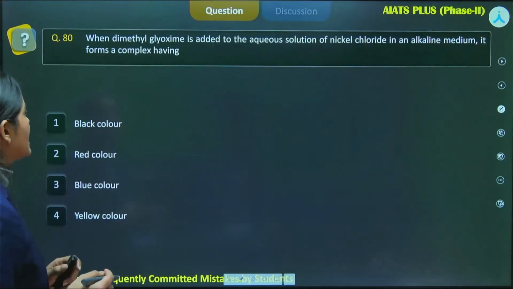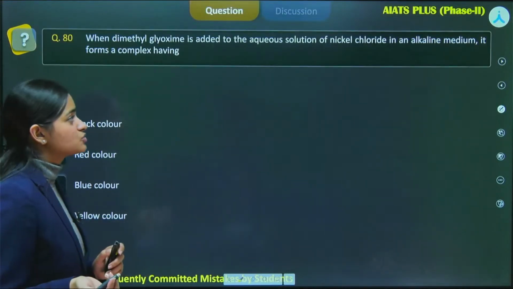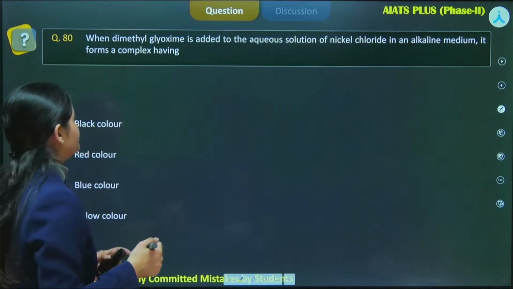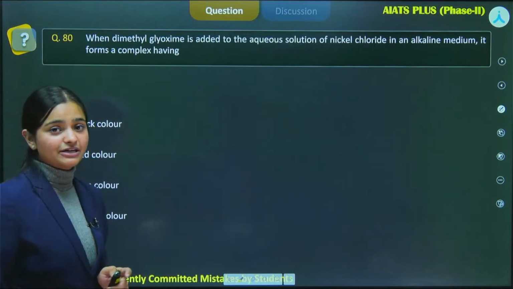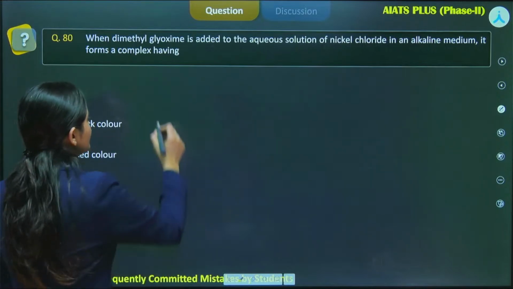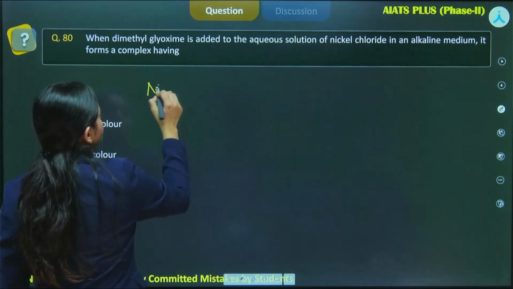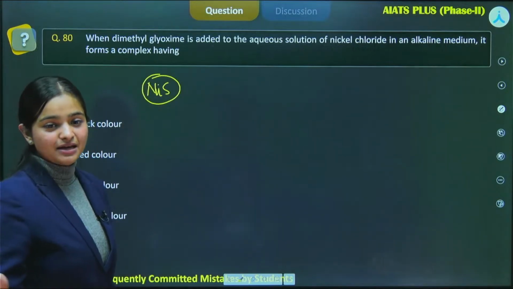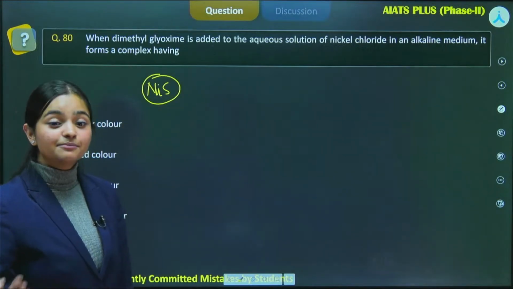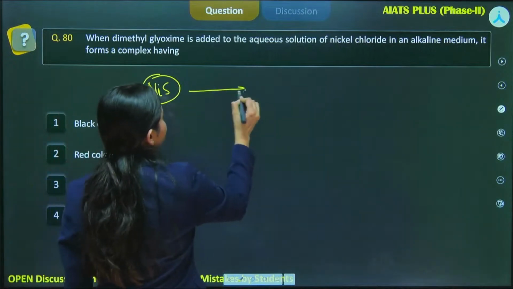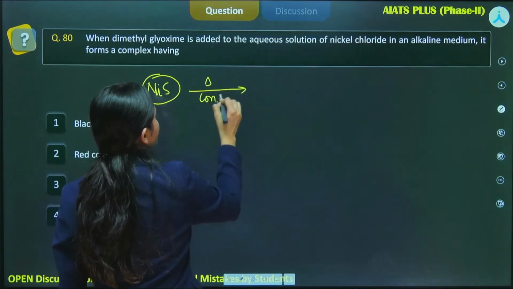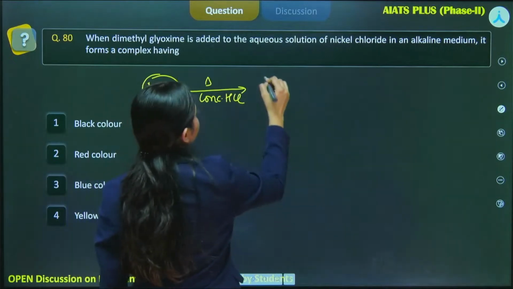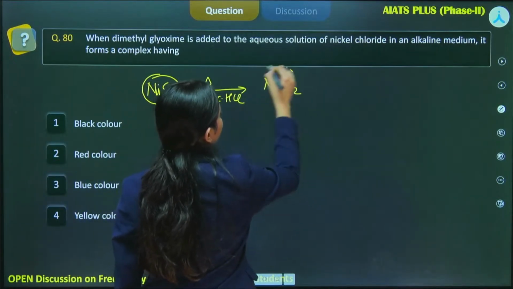When dimethyl glyoxime is added to the aqueous solution of nickel chloride in an alkaline medium, it forms a complex. So the complex that is formed is... Comment down the color of the precipitate of nickel sulfide. Be quick. When this is heated with concentrated HCl, we get nickel chloride.